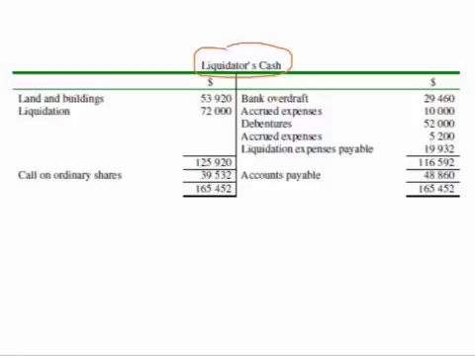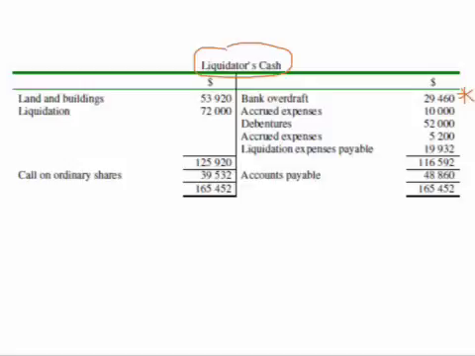Now in this question, the company actually didn't have any cash, but they had an overdraft, so that overdraft needs to be settled, so it actually weakens the cash position of this company. Therefore we see that it's lying here on the credit side.